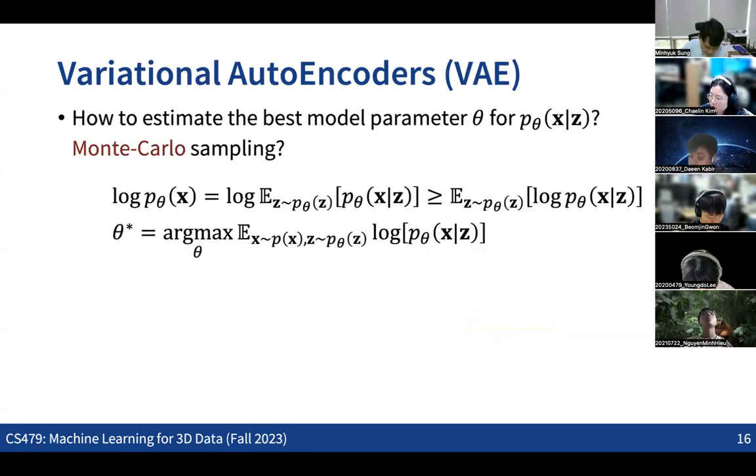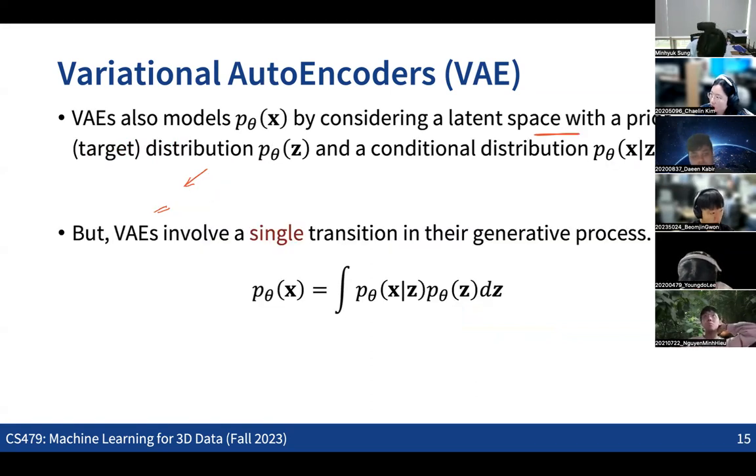If we have the information of this conditional distribution, then we can calculate the probability for all the given data samples by calculating this integral, right?